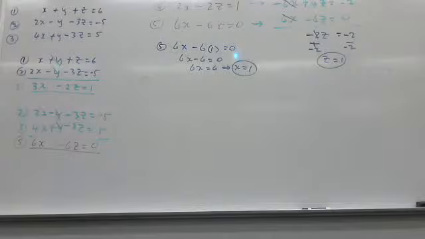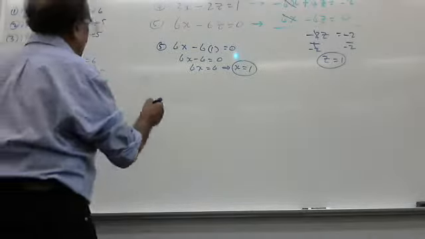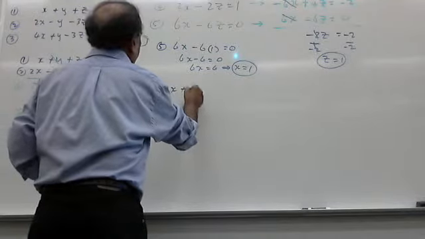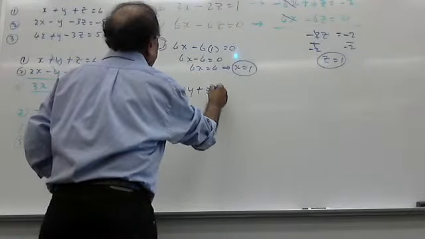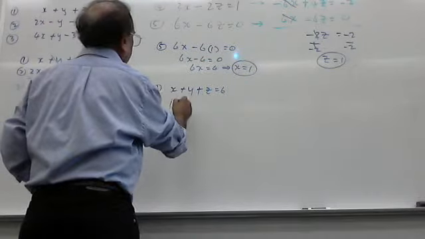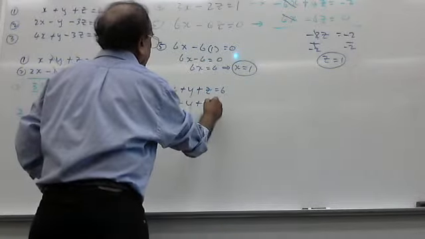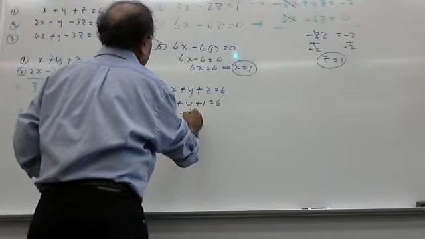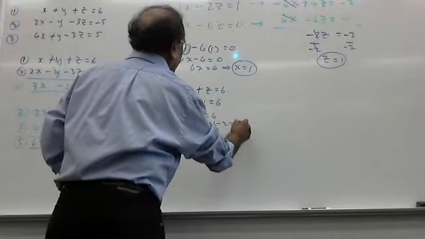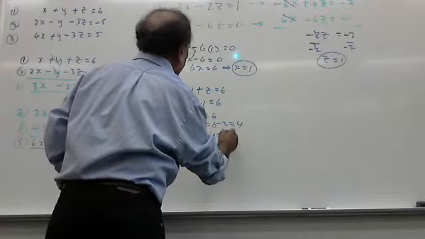All right. So I will go ahead and use the top one, and this is x plus y plus z equal to 6, and this tells me here that 1 plus y plus 1 equal to 6, 2 plus y equal to 6, and y equal to 6 minus 2, which is equal to 4. So y equal to 4.